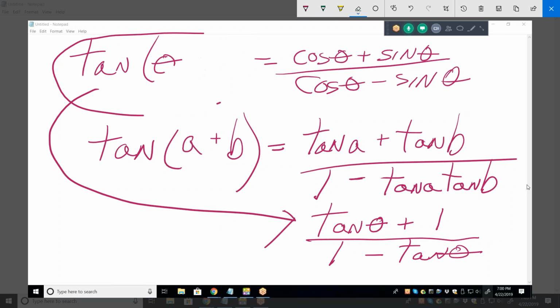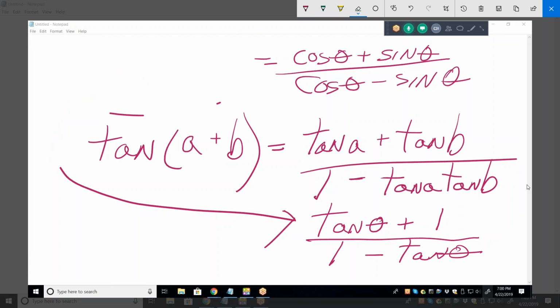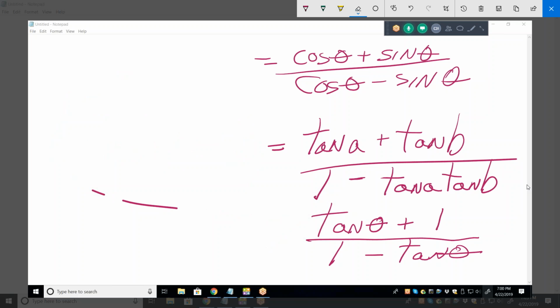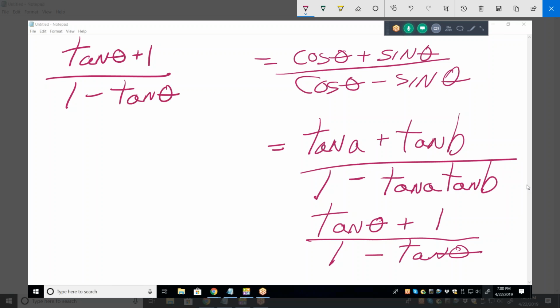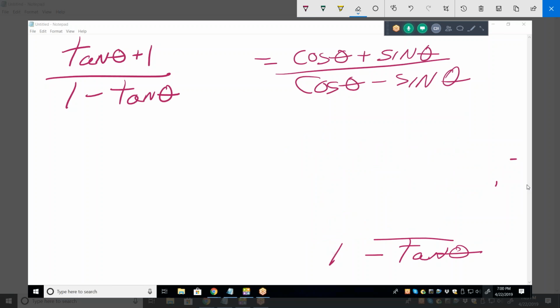Okay. So let's erase what we have and replace it with this thing on the bottom right. So I want to do tangent theta plus 1, all divided by 1 minus tan of theta. And the way we did it yesterday is really the correct way to do it, which is to convert everything to sines and cosines.